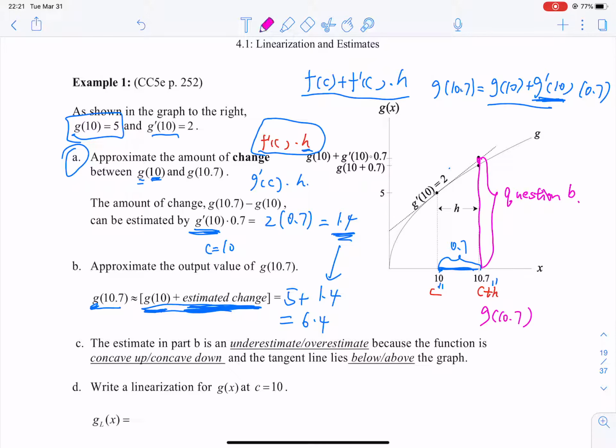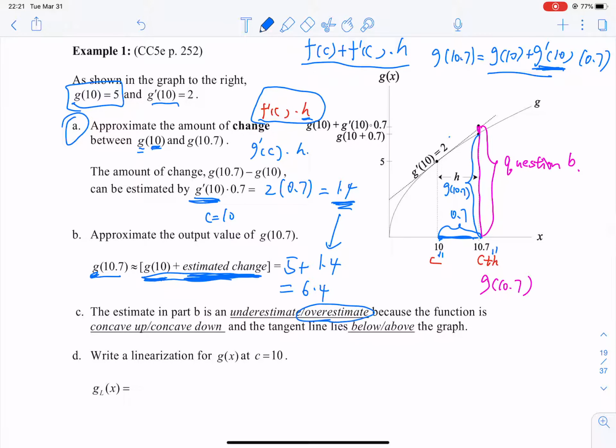So the blue part is the real function value. This is the real g of 10.7. So you can see our estimation is right there, and the real function value is there. So actually, we are overestimating. That is because our estimation is higher than the real function value. So we have an overestimate.